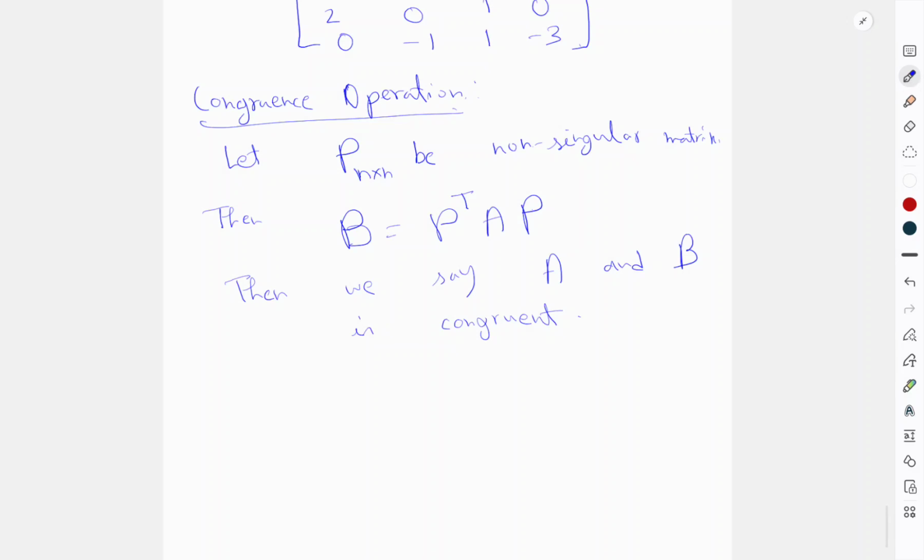Remember, this congruence also preserves rank.